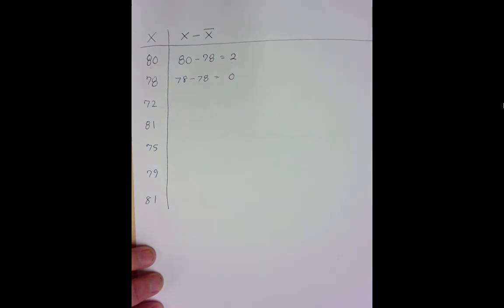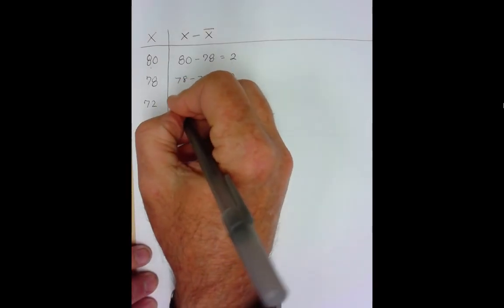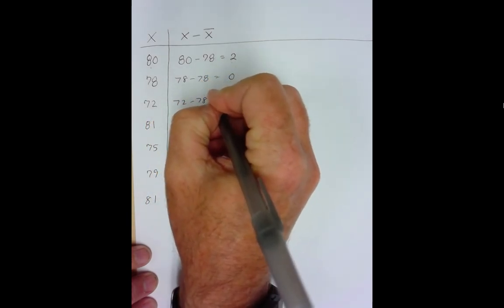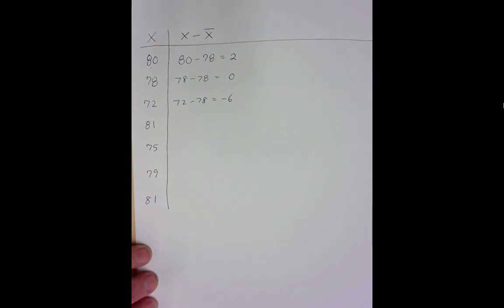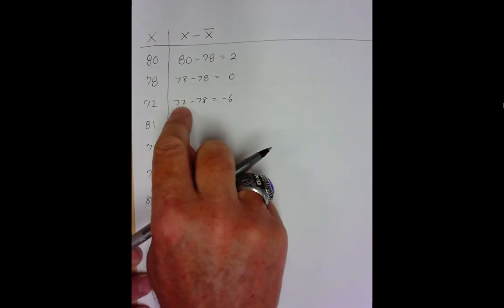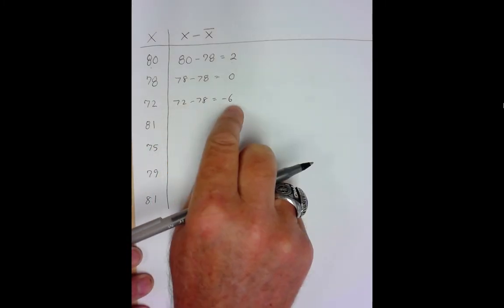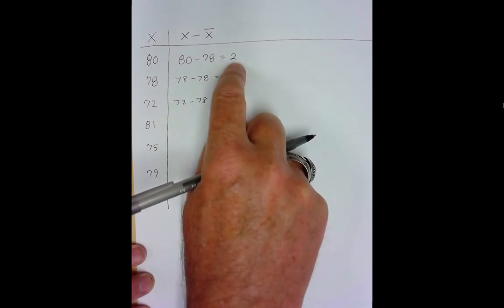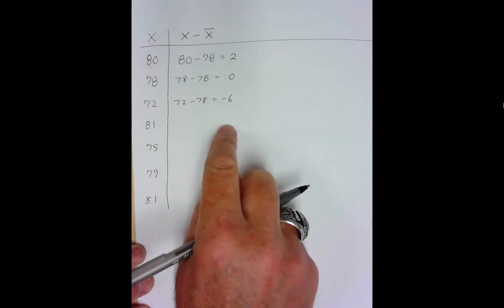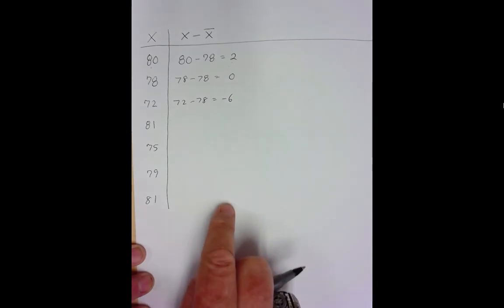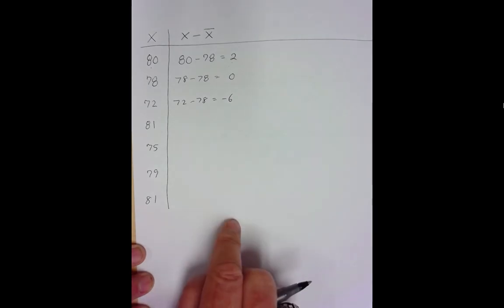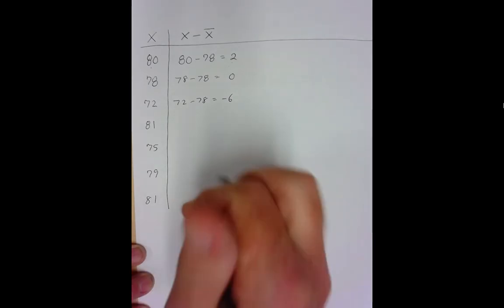Well, 78 isn't any distance from the mean because it is the mean. That happens sometimes. 72 minus 78 is negative 6 because 72 is 6 units below the mean. So they want to get these distances from the mean, add all these things up, divide them by 7, and get an average distance from the mean.